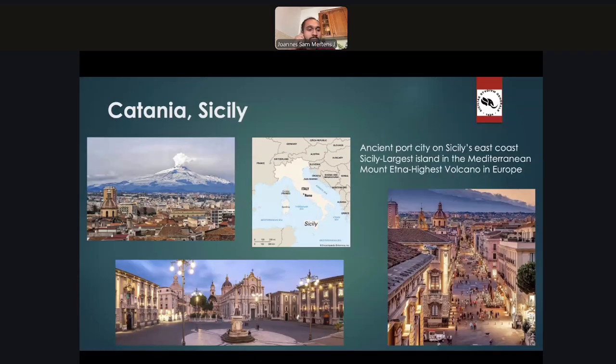It is also home to the most active volcano in Europe, Mount Etna, as you can see in the first image here. It also has the biggest university in southern Italy, a mega university. Catania is an ancient city on the Sicily south coast, and the image on the right is the main street in Catania, where you can see the volcano in the background.